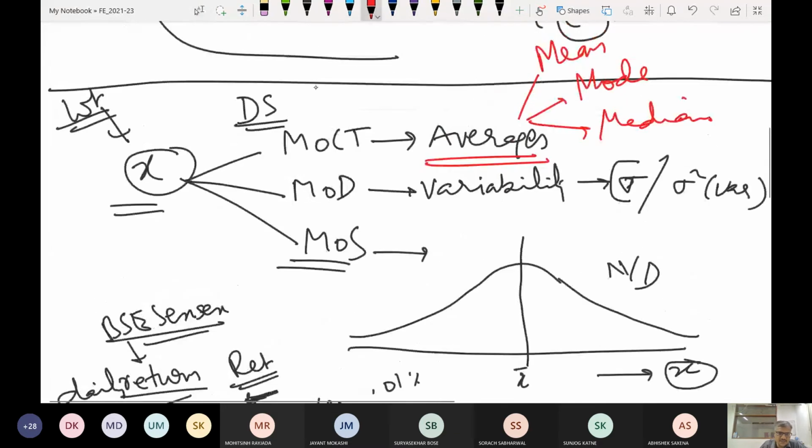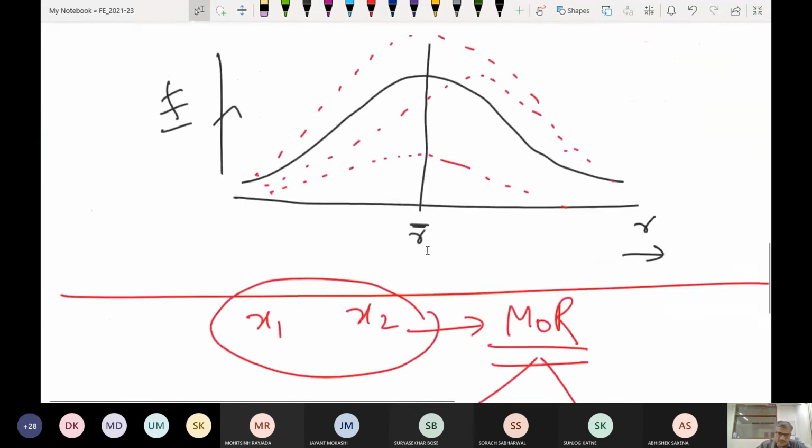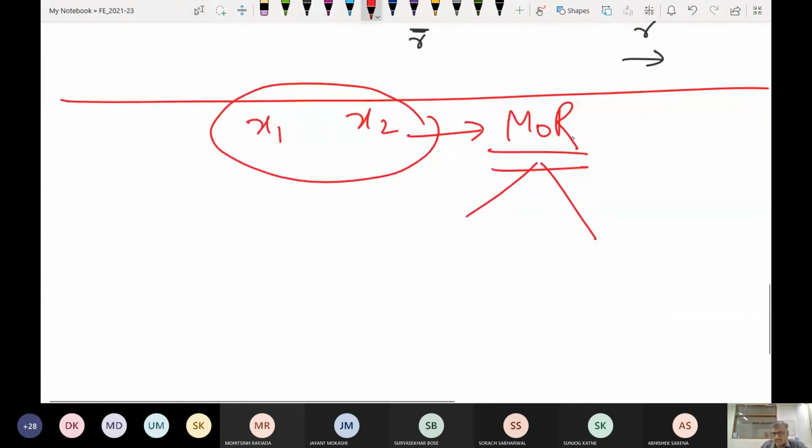This is the measure of central tendency. Don't worry about the terms, you'll become used to them. Right now you might be listening to them for the first time. Measure of relationship has two types. One is correlation, somebody was asking me about it. Another is regression.